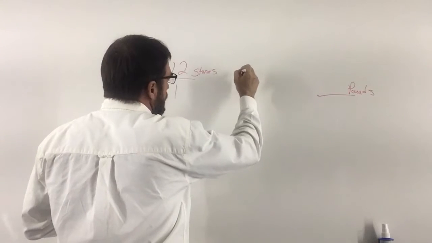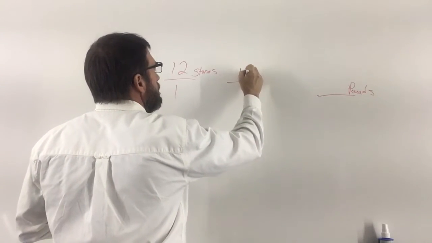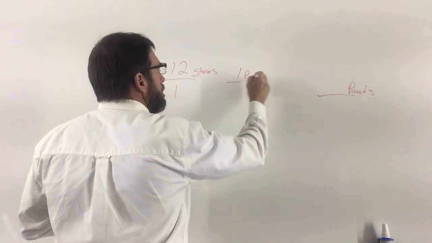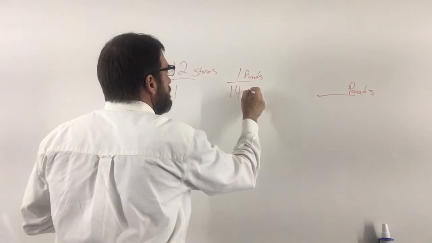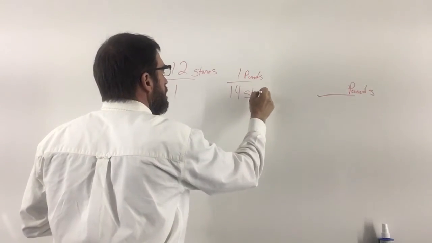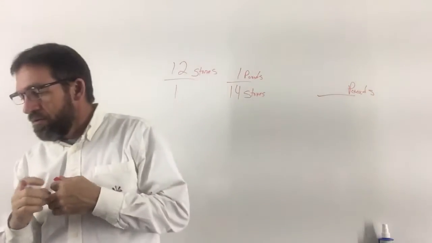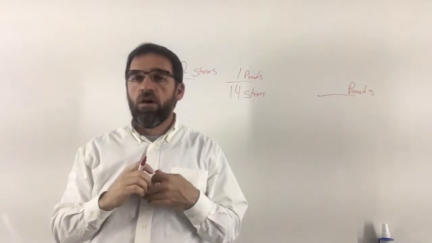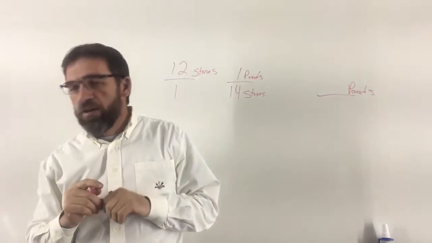So I'll just quickly do this here so you understand. 1 is pounds, and across the corner I put 14 stones. Did I do that right? I didn't. Wrong.